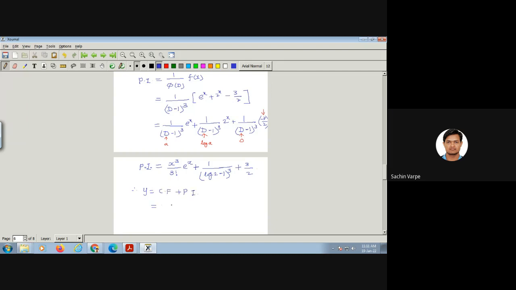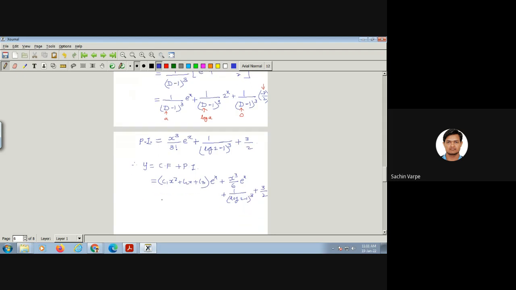So that is equals to CF, which is c1 x square plus c2 x plus c3 times e raised to x, and plus the PI, that is x cubed by 6 e raised to x plus 1 upon log of 2 minus 1 cube plus 3 by 2. Clear to everyone? Is this clear? Everyone, please do reply immediately in chat box.